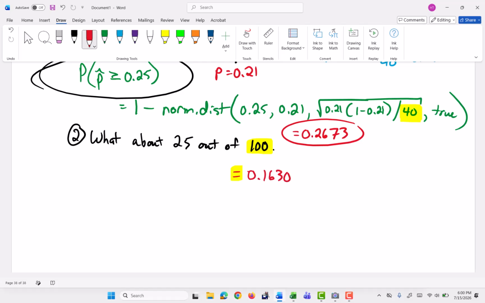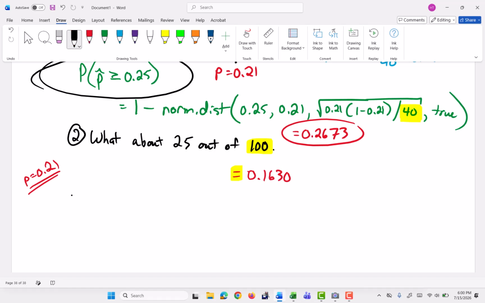As we expected, the larger the sample size gets, the less likely it is to have a sample proportion that is significantly larger than the population proportion. Remember, the population proportion was the 0.21. So 25% or 0.25 proportion is significantly larger than that.